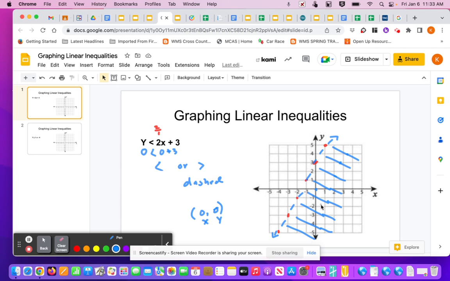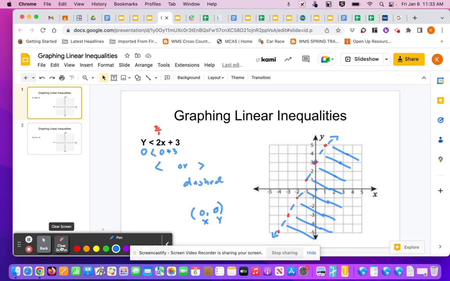So you would also see if you tested a point out here, above the line or to the left of this dashed line, a point out here would not work in the original statement, which means it is not a solution. So all of the points in this shaded region, okay, these are the solutions to this inequality. All right, so that's the first one.